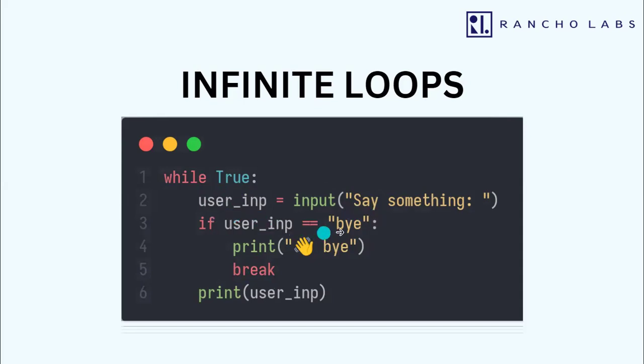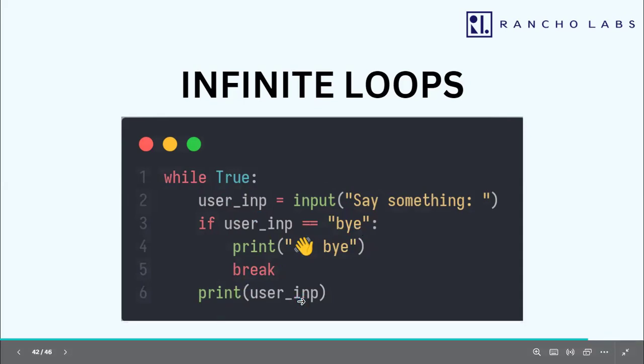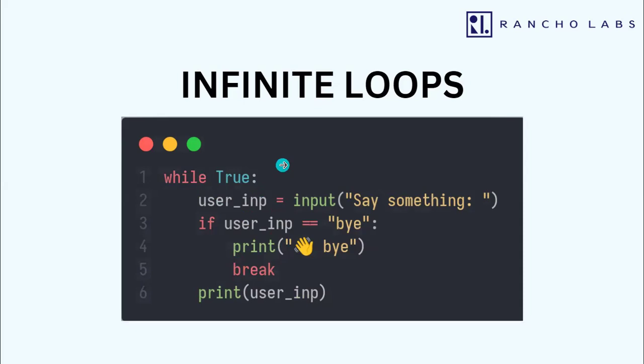If the user input equals bye, the chatbot says bye and stops taking queries from the user. If not, it will just print the response. It will iterate infinitely until the user says bye.